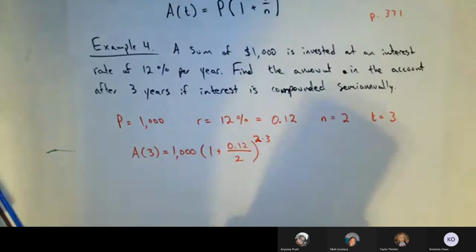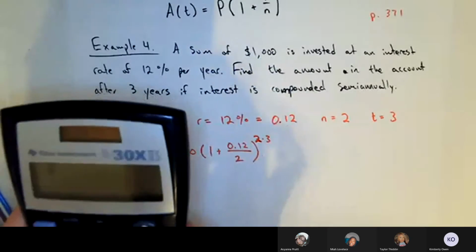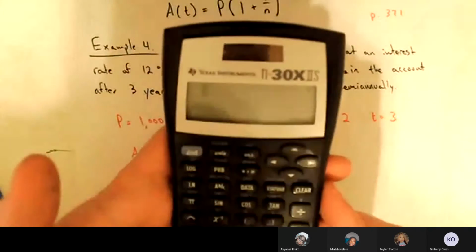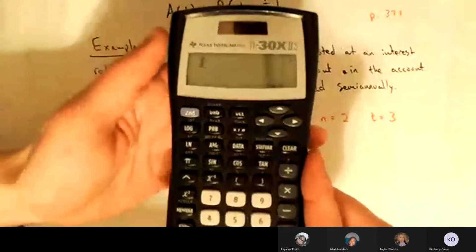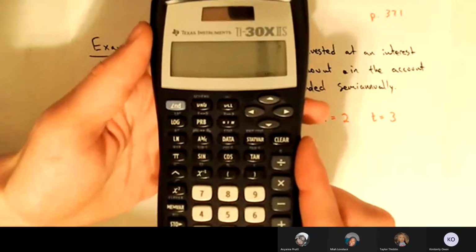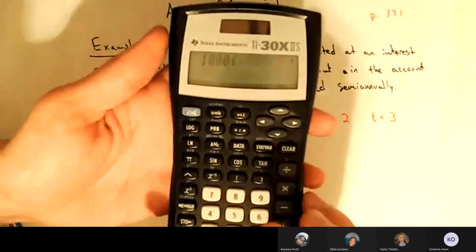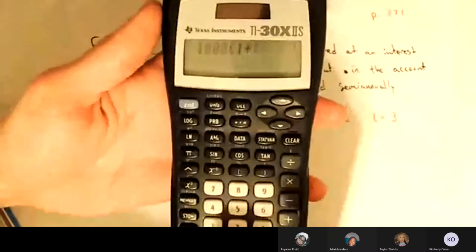You're going to want to be careful here. Make sure that you're wrapping things in parentheses as needed. So I'm going to say 1,000 and then times, opening parentheses, 1 plus 0.12 divided by 2, close parentheses.